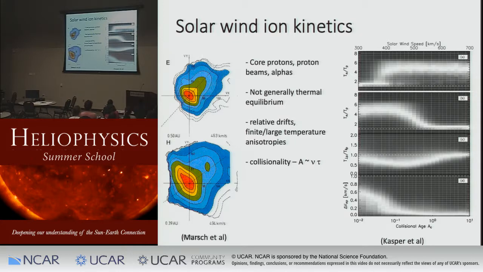It's coming out, spending some time evolving away from the sun, and as it's expanding out, it's encountering other particles and colliding. So it's had some number of internal collisions during that transit time, and this is a measure of that. Again, the Coulomb collision frequency goes like the density divided by the temperature to the 3/2.